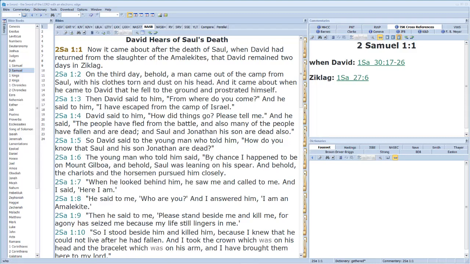Even though Jonathan's father, Saul, was the king and out to kill him, Jonathan was not. And so David would be concerned about the welfare of Jonathan, what happened to him. Well, the young man told him that they're all dead.